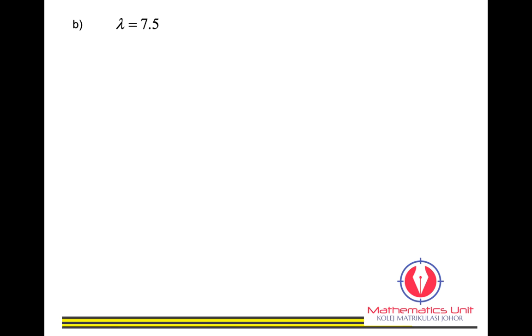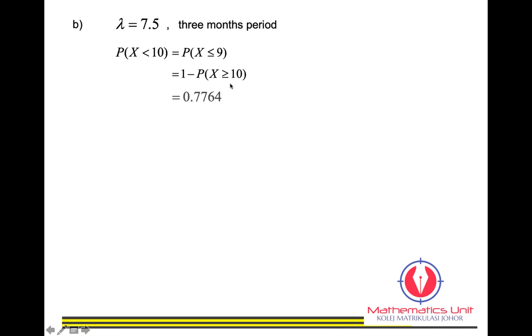We will use a new lambda for this one. And then we write P(x < 10). Again, without an equal sign, change it to P(x ≤ 9). We cannot find this probability on the table because the table will only give you the value of P(x ≥ something). So we change it to 1 minus P(x ≥ 10). By looking at the table, we will get 0.7764.